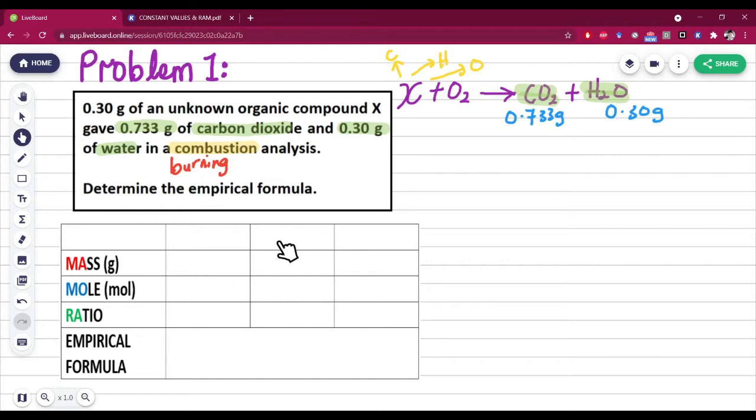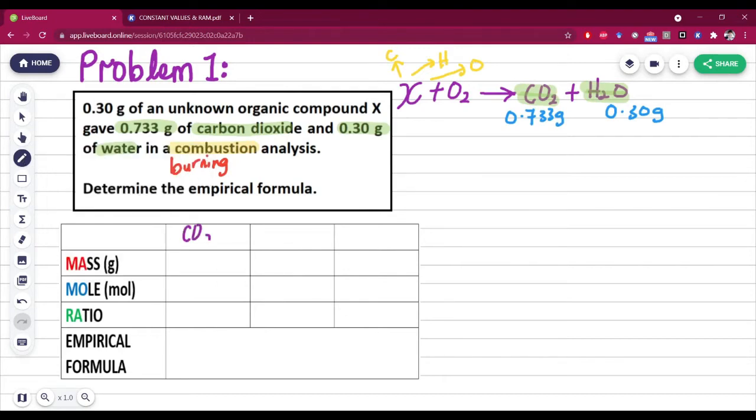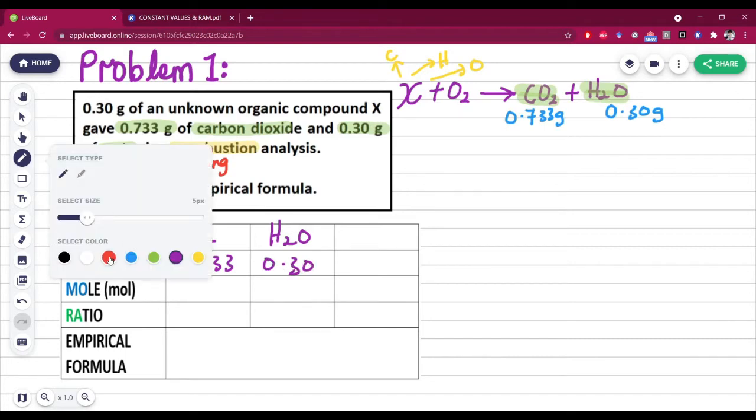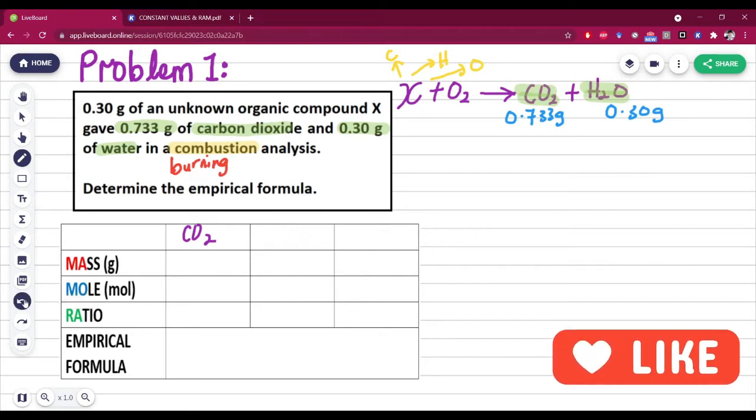Some books do that, but at matriculation level, we're not going to accept that. I'm warning you: if you write CO2, H2O, 0.733, 0.30 like this in the exam, it is going to be incorrect. Do not do this in exams. This is wrong. So what is the correct way of solving this?